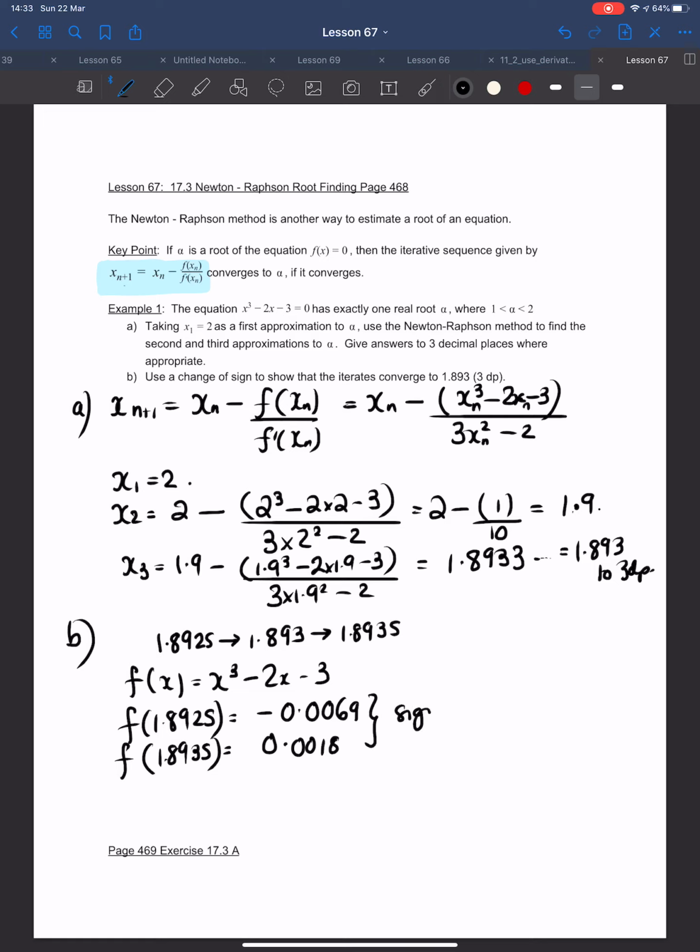So there's a sign change. So we can say alpha lies between those two values that make the sign change, and alpha is 1.893 to 3 d.p.